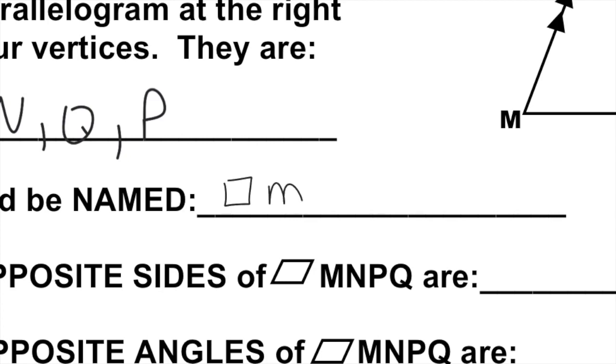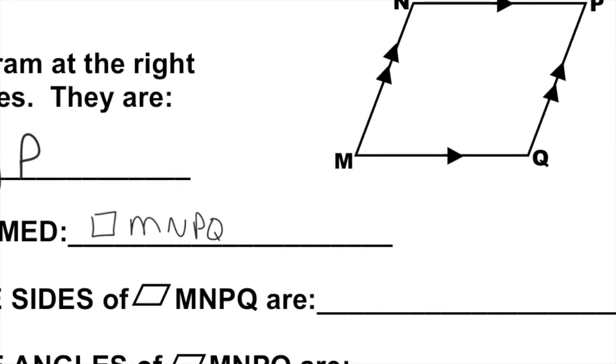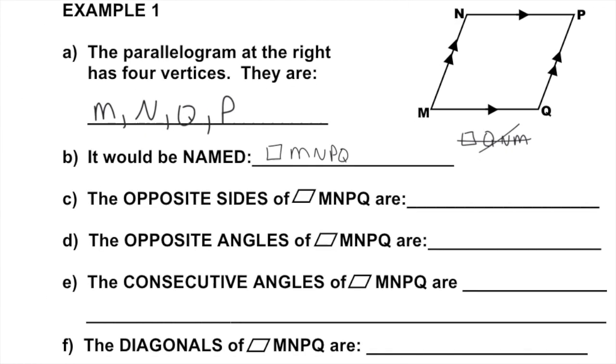So like M, N, P, Q. You could say N, P, Q, M, but you have to go around the track. Like if you said this was a quadrilateral, I don't know, Q, N, M, P, that would be incorrect because it goes like this, from Q to N to M to P. So it has to go around it like it's a track. So that would not be good, okay?